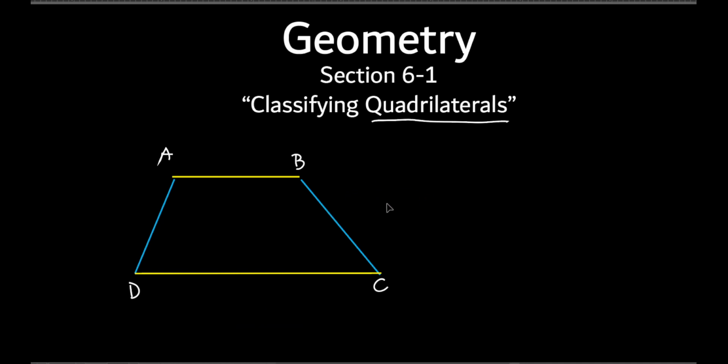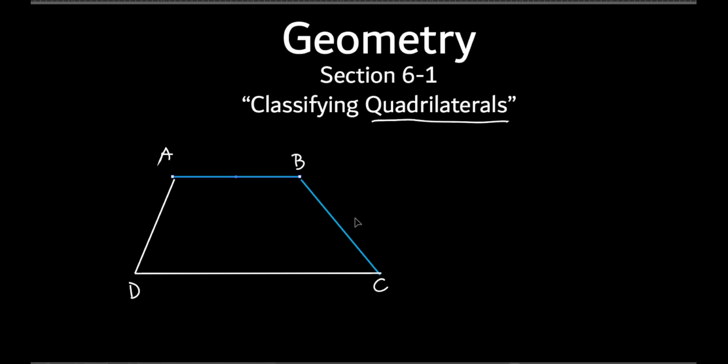Let's turn these back into white. Tell you what, I'm going to turn just that one back into white. And I'm going to make this one blue. All right, now let's take a look at these two. Look at these two right here. Those two blue ones, AB and BC.